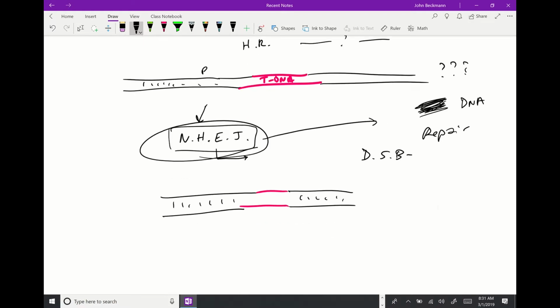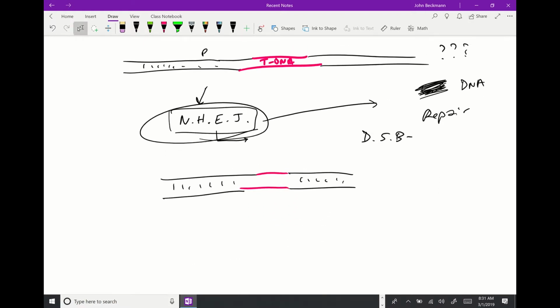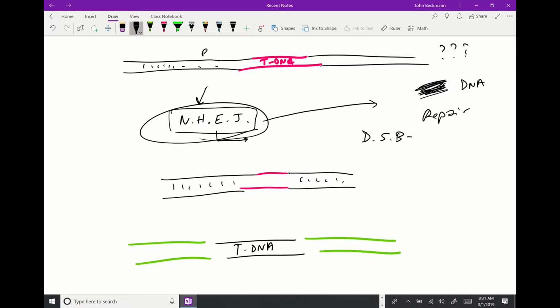And so it's thought that when the Agro starts injecting its material, the tDNA finds a spot where there's a double-stranded break, and it kind of wedges itself in between, and then you have two instances of non-homologous end joining where it smashes the DNA together, and then you get this integration.